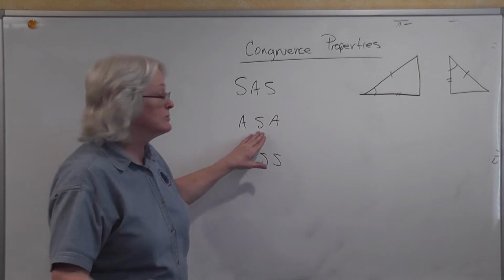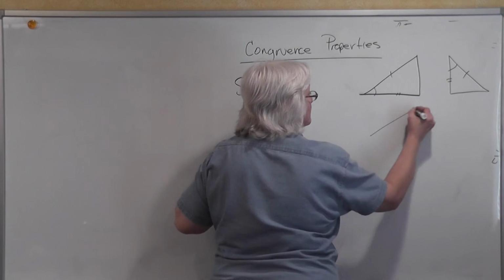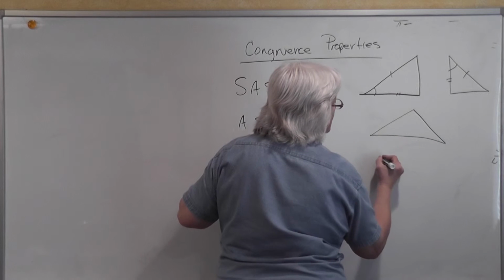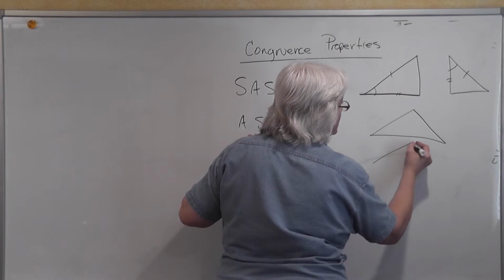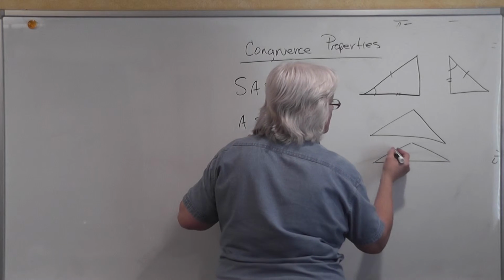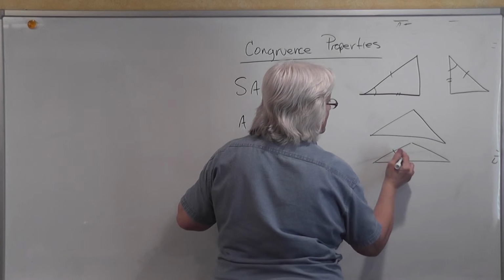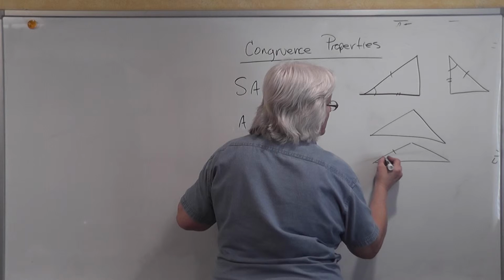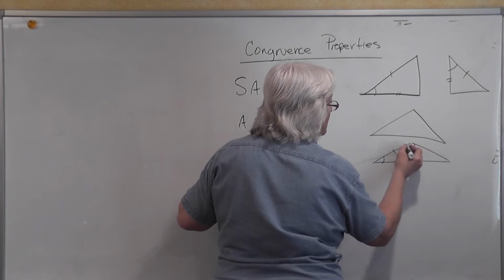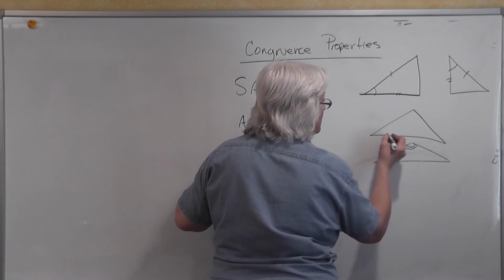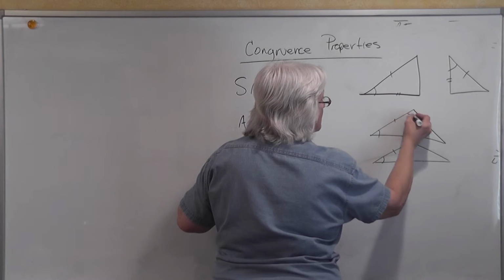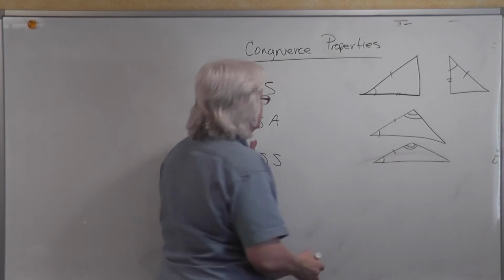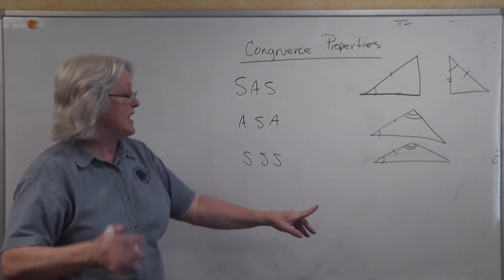Now, we have angle, side, angle. Let's have these 2 triangles here. Angle, side, angle.